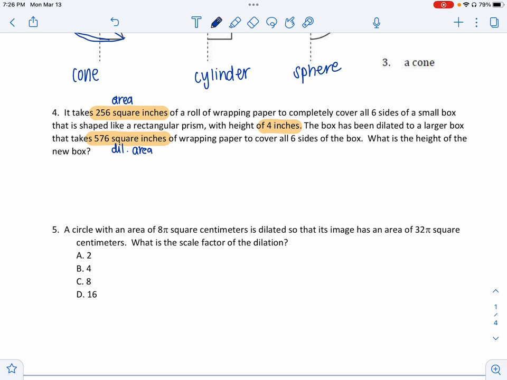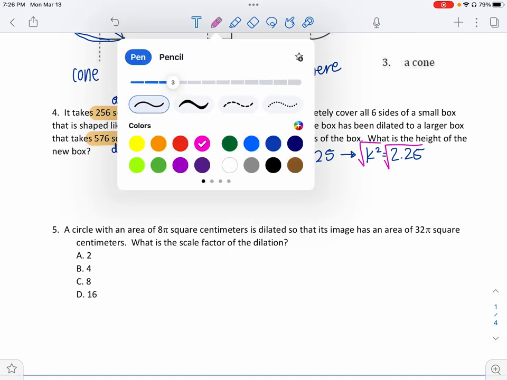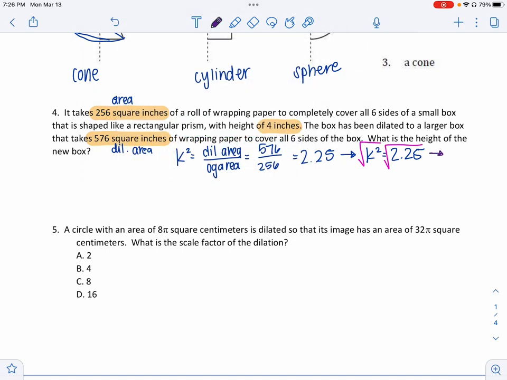So first we have to figure out what the scale factor is. And since we're using area, we have to use k squared equals the dilated area divided by the original area, which is going to equal 576 divided by 256. That will equal 2.25, sorry. Which means k squared equals 2.25. Don't forget that that's a square right there, meaning that we have to square root it. So then we get that k is equal to 1.5.